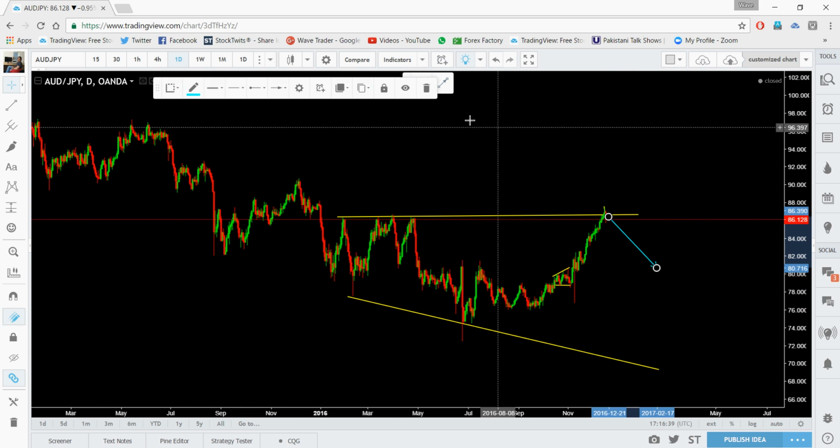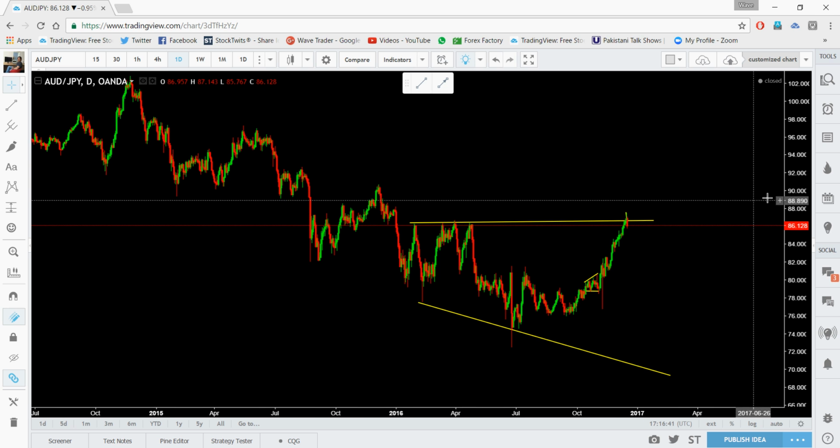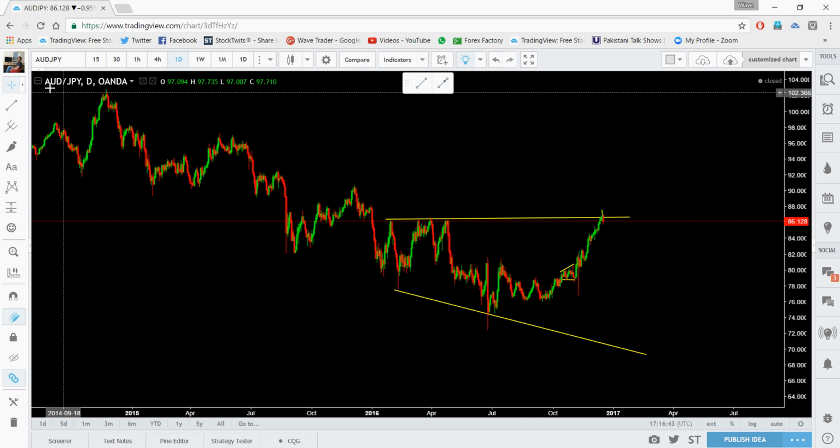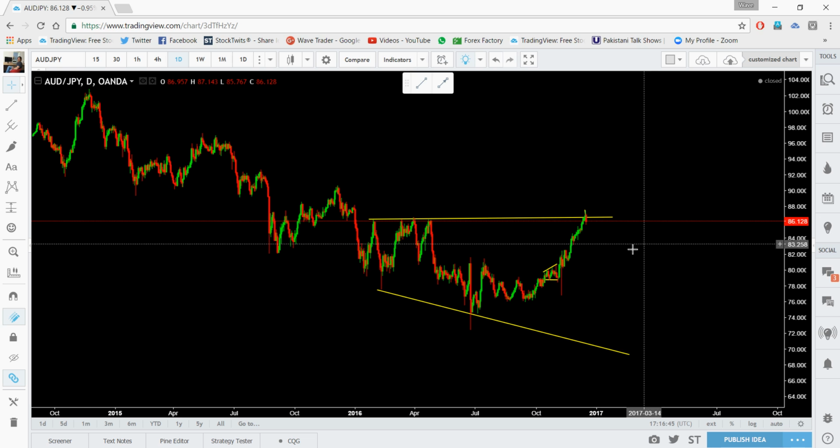We are anticipating an expanding triangle on New Zealand yen and on this pair. We can see price showing some signs here at this place, but this wave hasn't been confirmed yet.